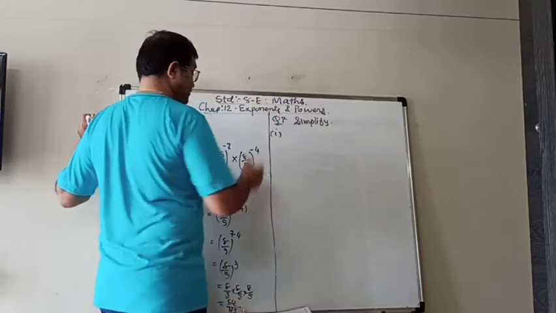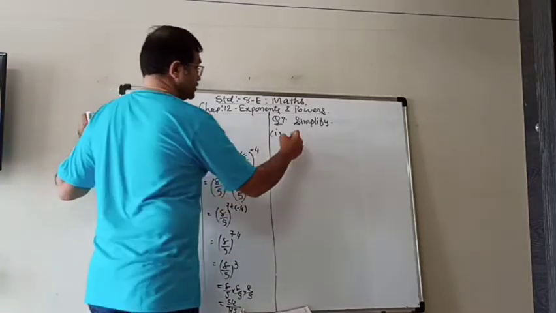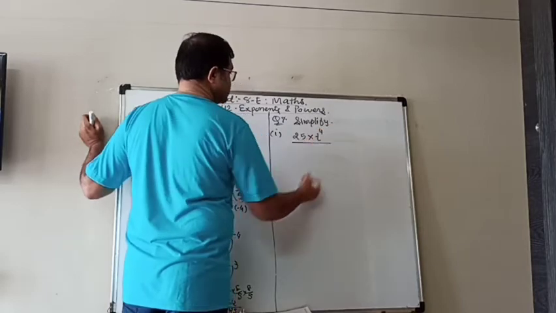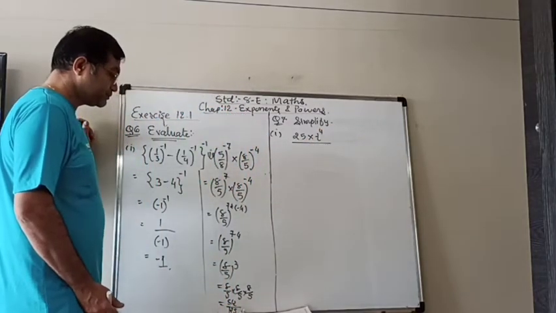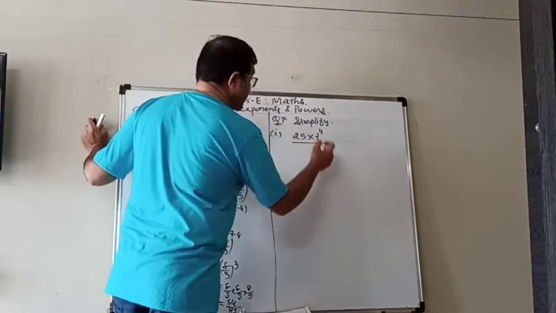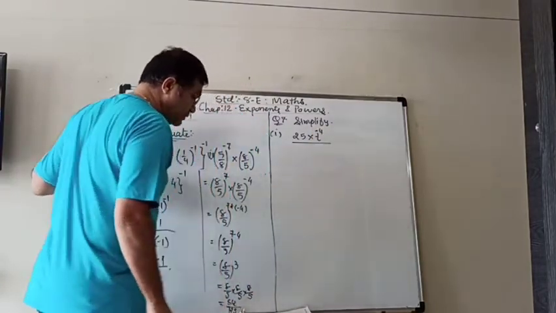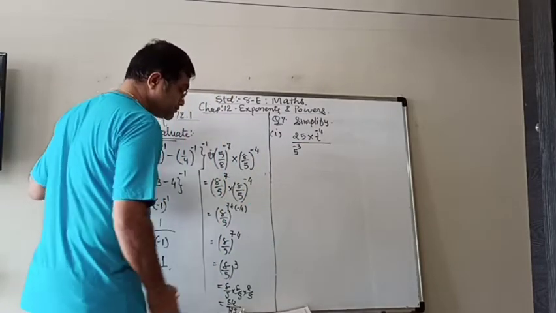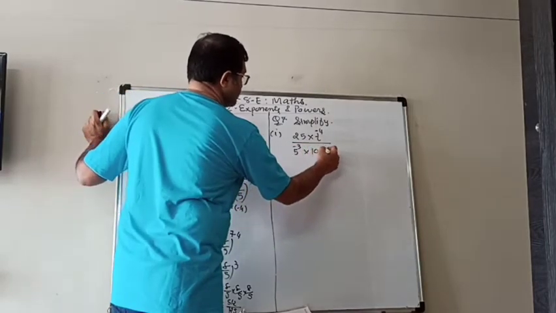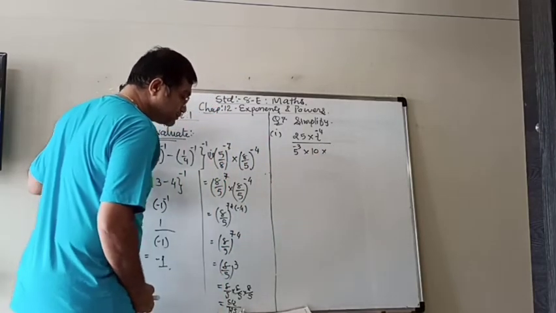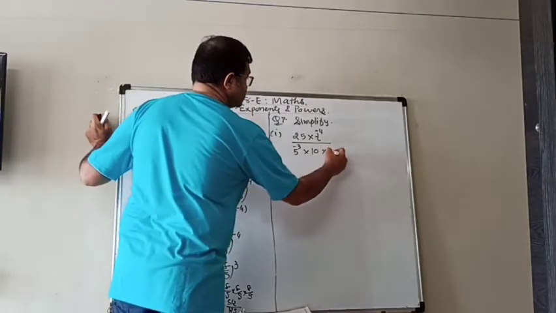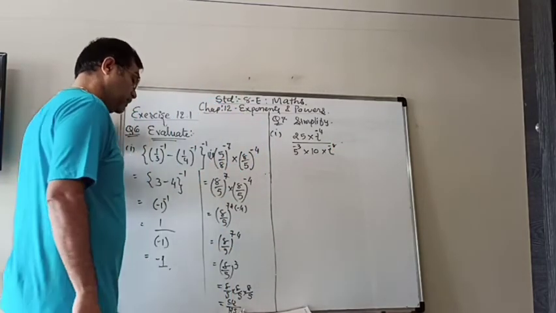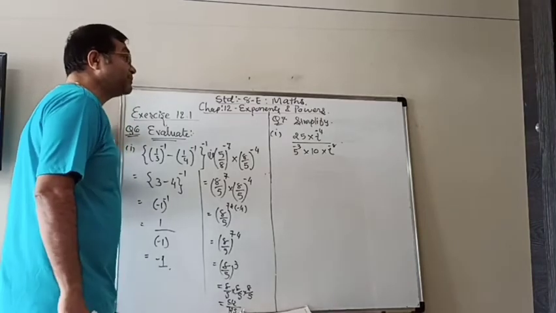Let's do the first one. 25 multiplied by t raised to power minus 4, divided by 5 raised to power minus 3, multiplied by 10, multiplied by t raised to minus 8. So here we have to simplify that.